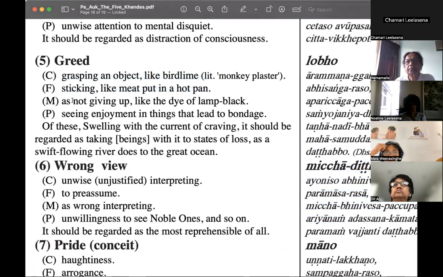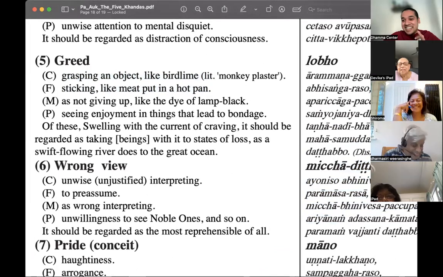Does meat stick to a pan? Maybe an unseasoned cast iron. The manifestation is not giving up, like the dye of lamp black. The proximate cause, that is the important one: seeing enjoyment in things that lead to bondage, avidya.